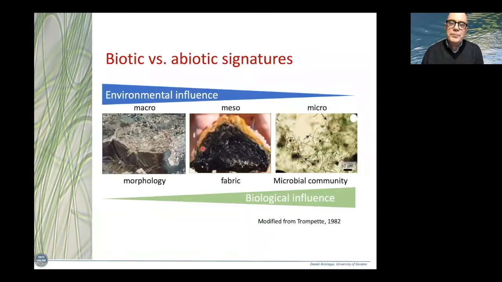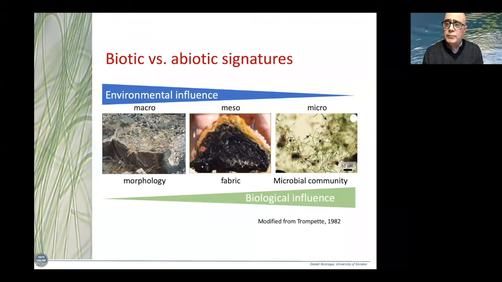All this is also summarized in this very nice diagram that I modified from Trumpet from the early 80s, where he shows that there was an interaction between biotic and abiotic signatures in microbialites, that at the macro scale they were mostly influenced by the environment, while going to the micro scale, they were influenced mostly by the biology.